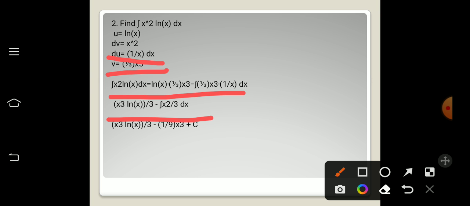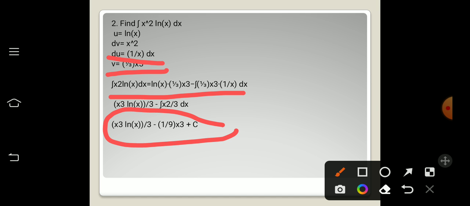Then take the antiderivative of x squared over 3, add the constant, and we got the answer: x cubed ln x over 3 minus 1/9 x cubed plus c.